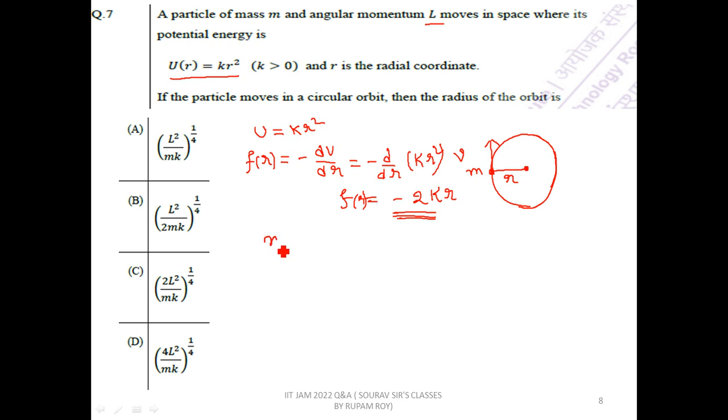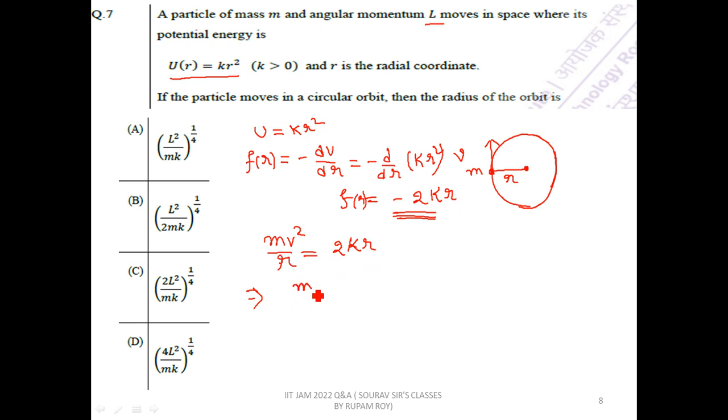So m v square by r, the centripetal force of the circular motion, will be equal to the force 2 k r. The negative sign we will not take, because we are taking only the magnitude. So from here we can calculate r.